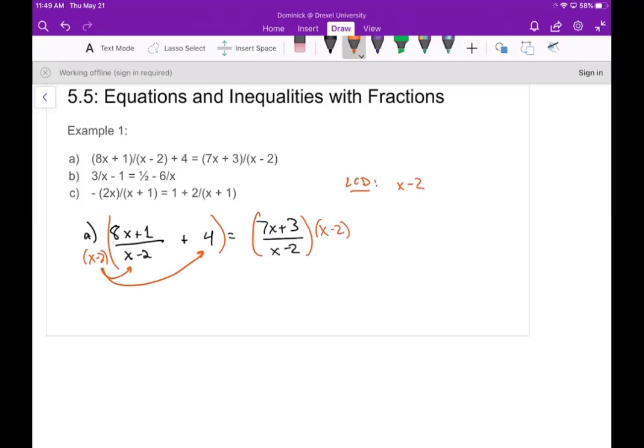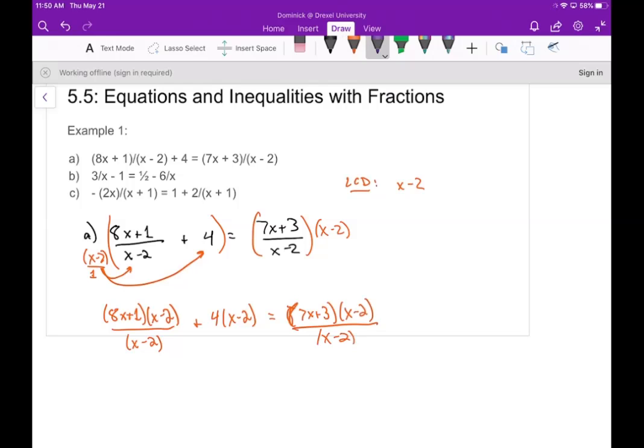You're going to get 8x plus 1 times x minus 2, if you think of this as x minus 2 over 1, all over x minus 2. And then plus 4 times x minus 2 is equal to 7x plus 3 times x minus 2 over x minus 2.